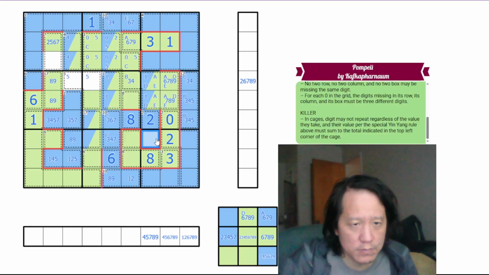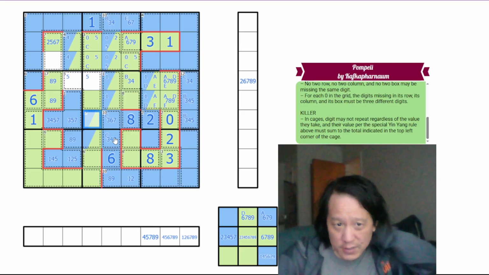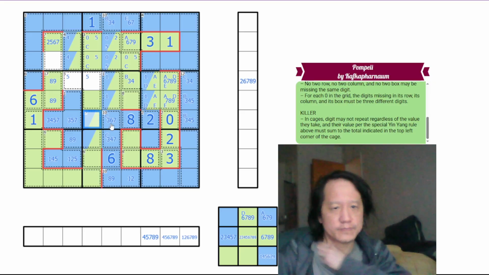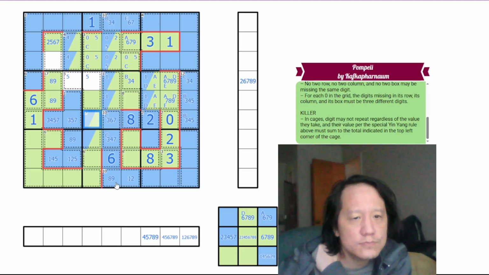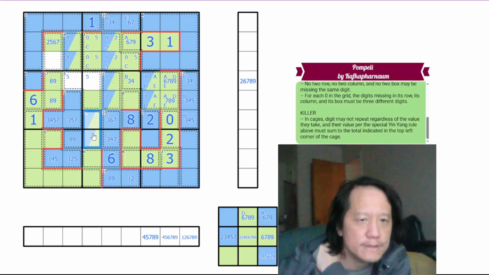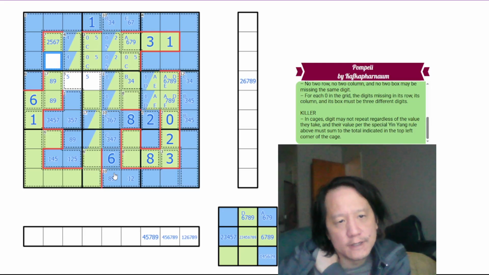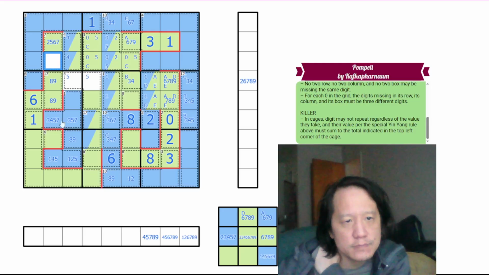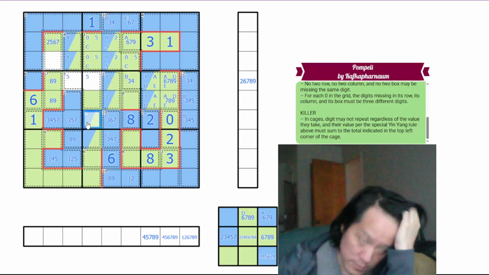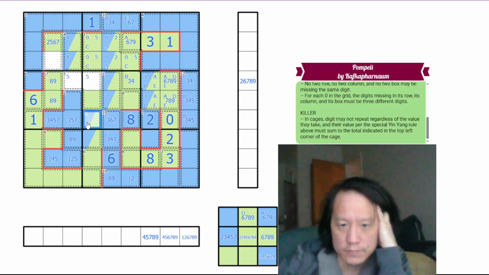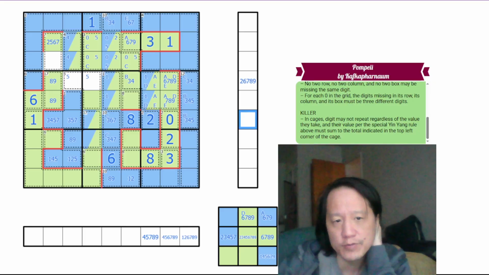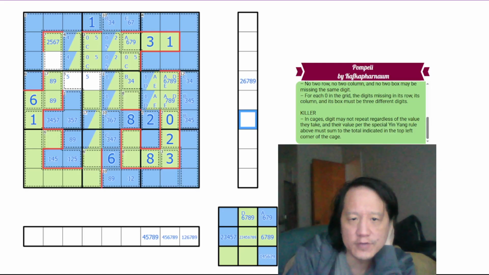Okay. This obviously can't be 8. It could be 9. This could be blue or green. Great. This digit can be 3, 4, 5, 6, 7, 9.